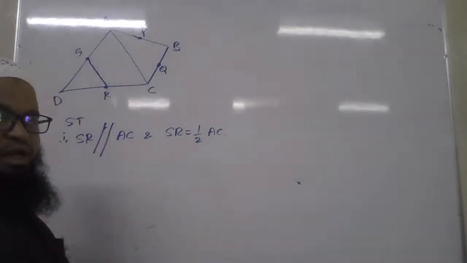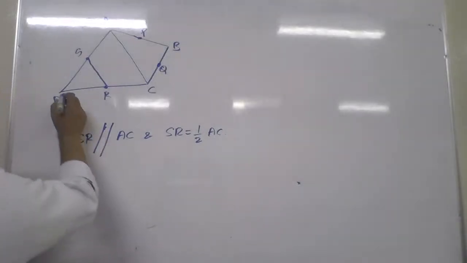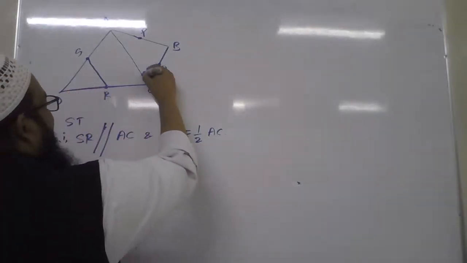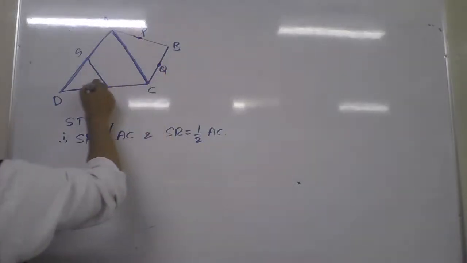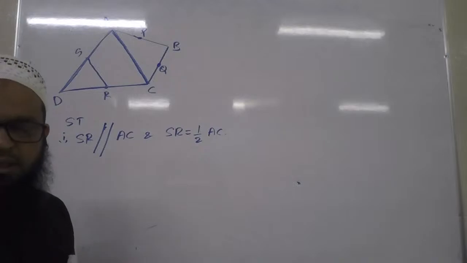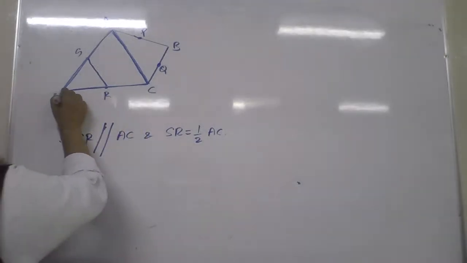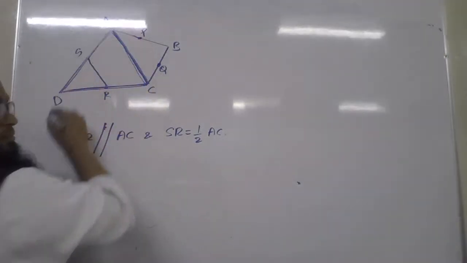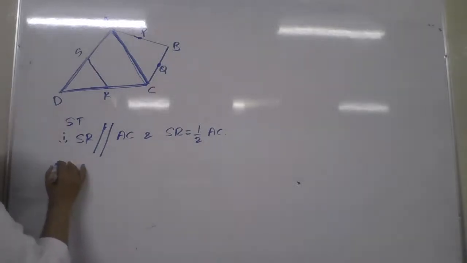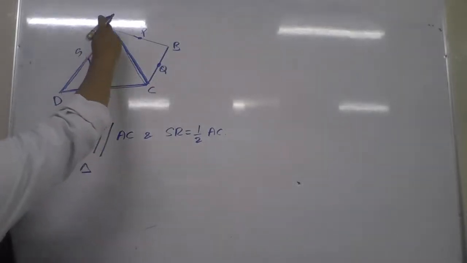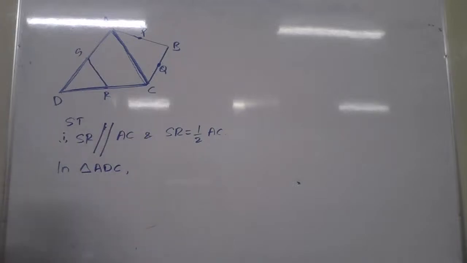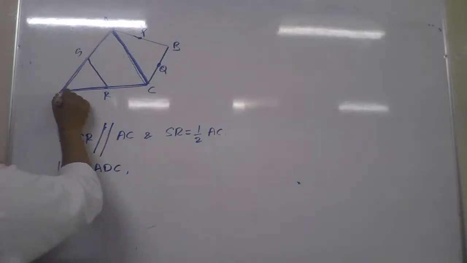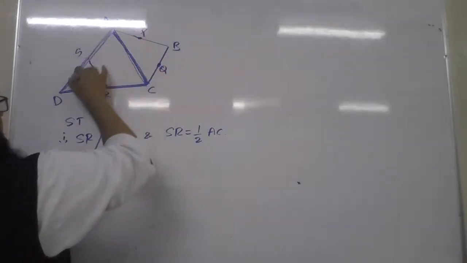Just now we have seen the midpoint theorem. Before going to midpoint theorem, how does it look? What is this part? Is this a triangle? So in triangle ADC. I am not talking about the rhombus, I am talking only about this part, ADC.